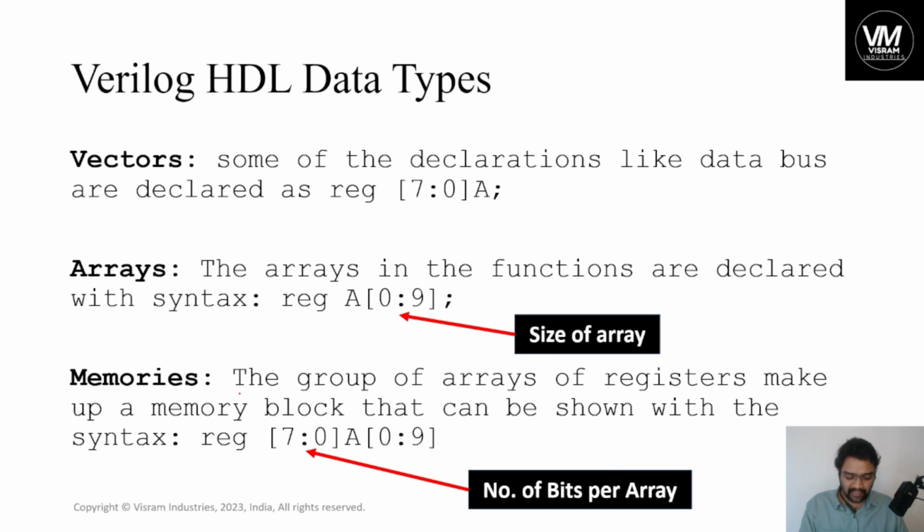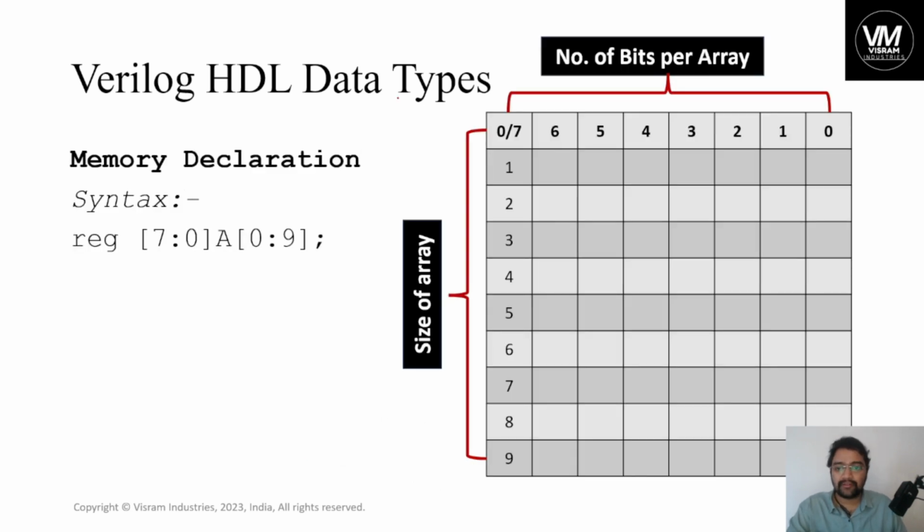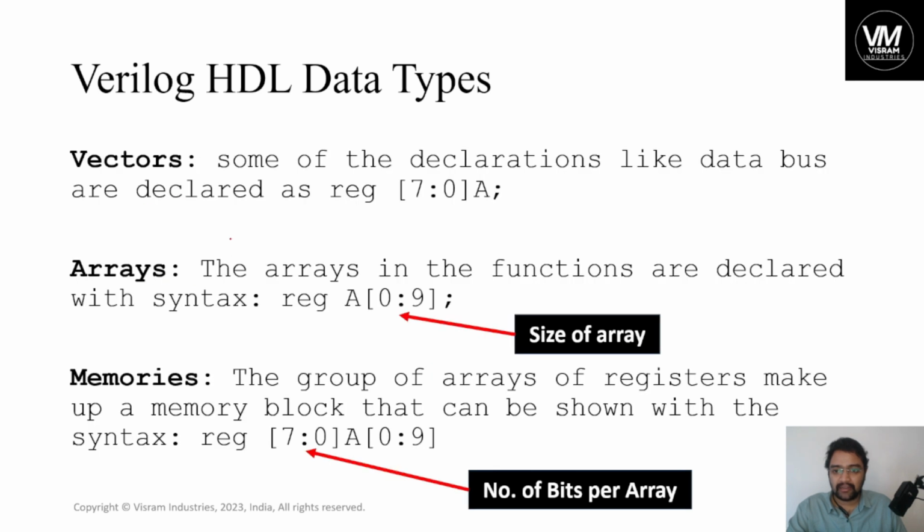Understand, guys, memory is a matrix. So this way you can mention. So this 7 should be mentioned like vectors. So this declares how many should be available in a row of the matrix. So this element is of size, if this is a wire, this is a wire for 8 bit.